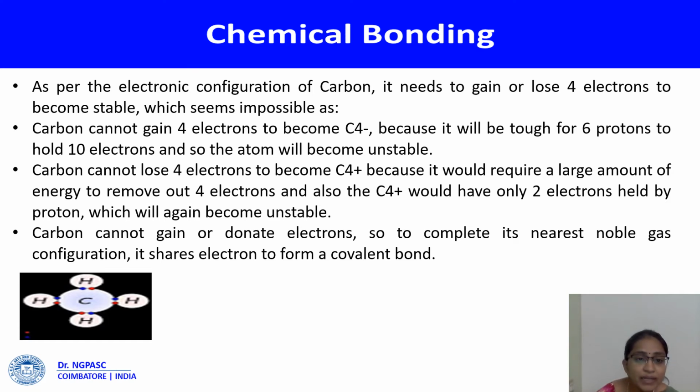The carbon cannot gain 4 electrons to become C4 minus, the carbon anion, because it would be tough for 6 protons to hold 10 electrons, and the atom would become unstable. Also, carbon cannot lose 4 electrons to become the C4 plus cation.